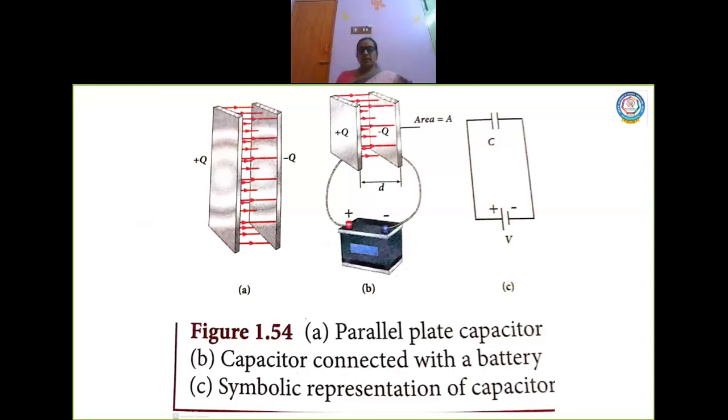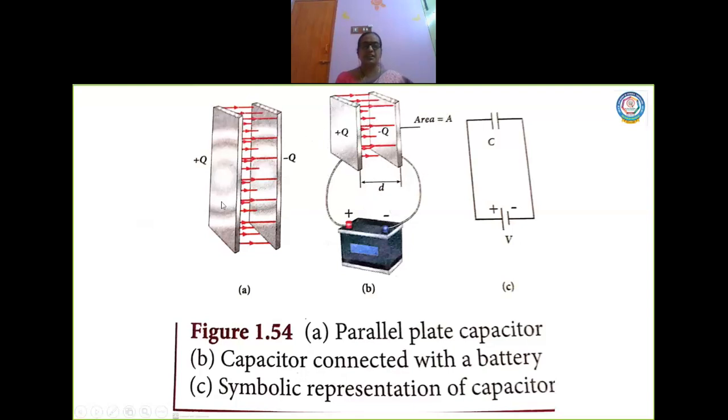Now look at the second diagram. Two parallel plates are separated by a distance d, the area of cross section of those plates is A, and these two plates are connected to a battery.